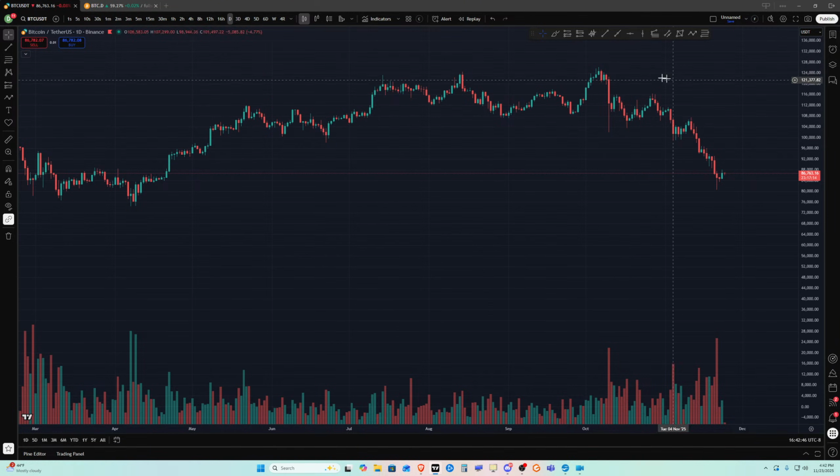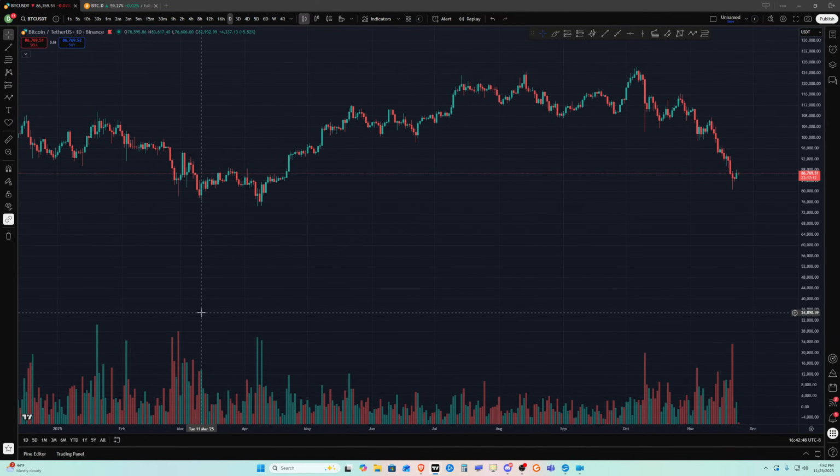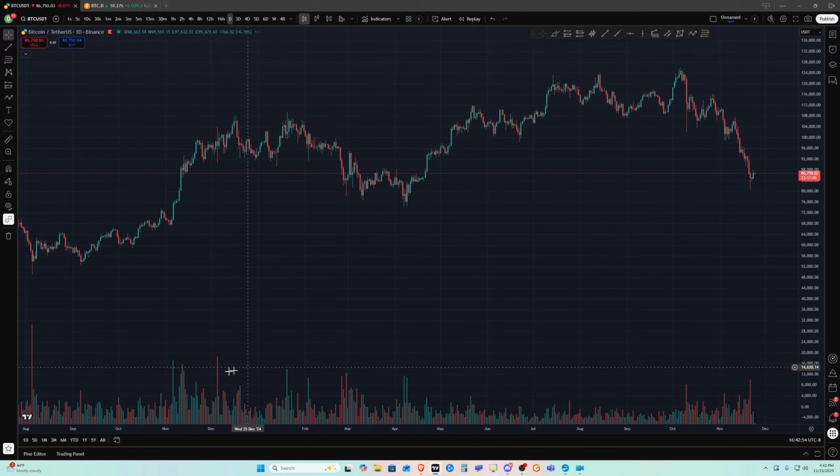All right, so price action is king, volume is queen. That's a common thing that people will talk about. I would say maybe. Volume are these bars here at the bottom of the screen. And there's an interesting thing that happens when volume picks up. It's either the start or the end of a trend.